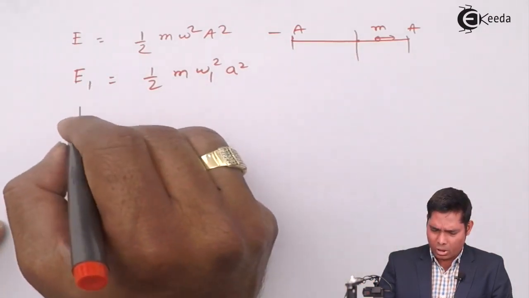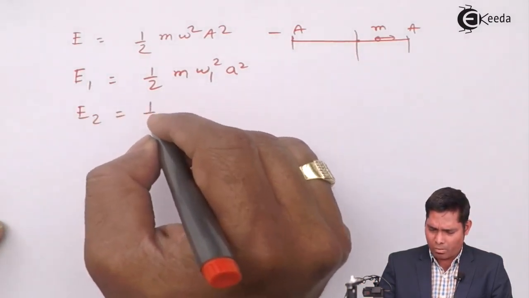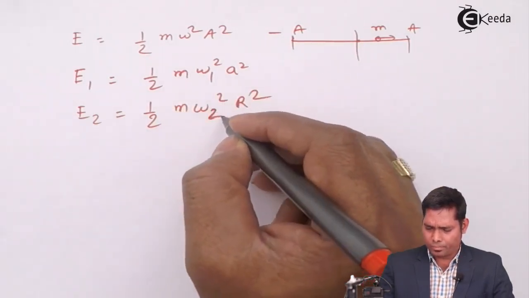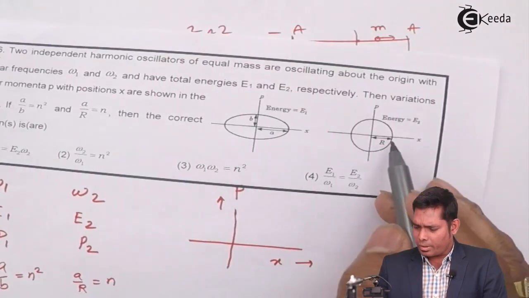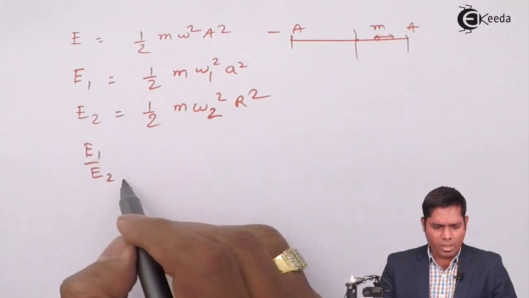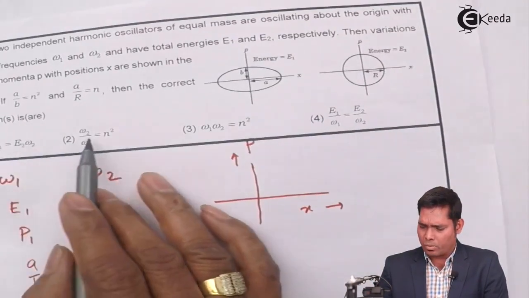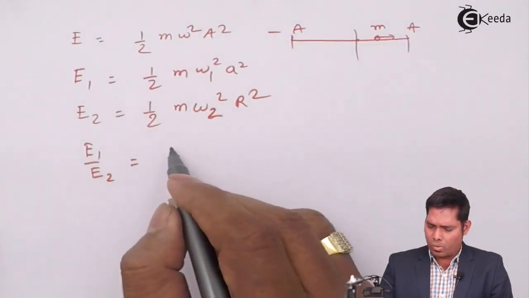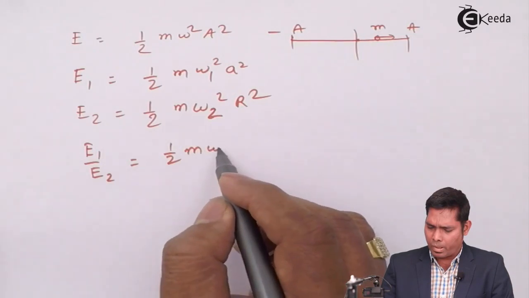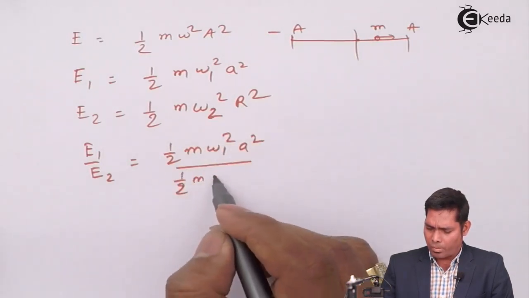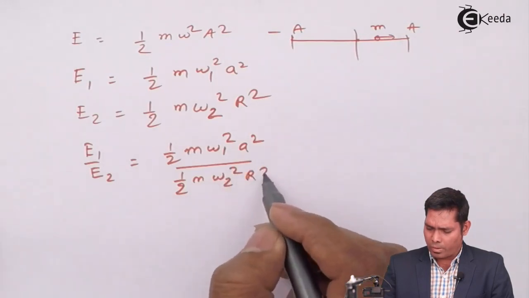And E2 will be what? It will be half m omega 2 square and r square. Here is r, so r square. If I divide E1 over E2, because E1 is also involved here, it is equal to half of m omega 1 square a square divided by half of m omega 2 square r square.